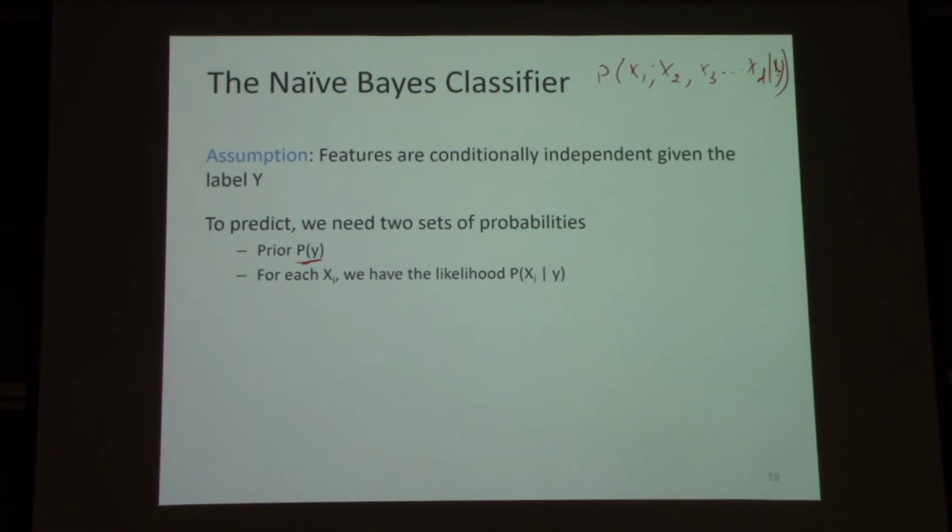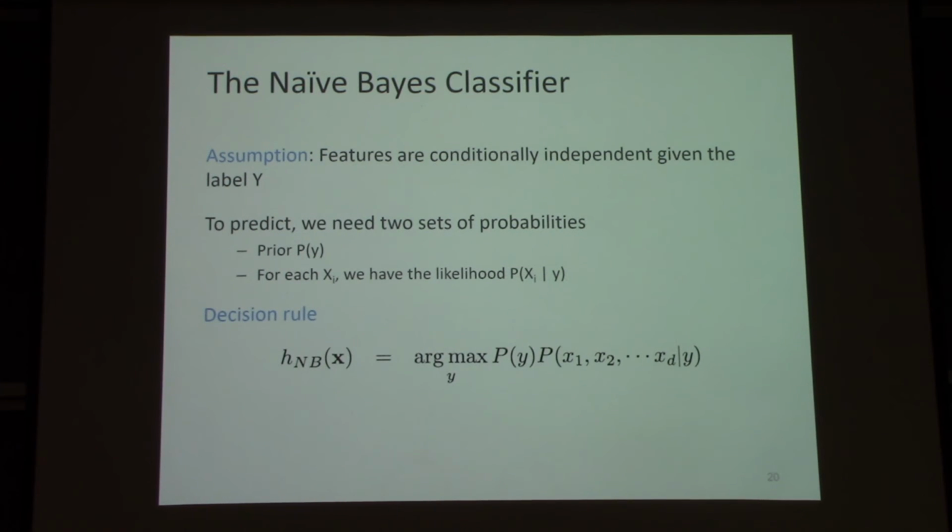But by the naive Bayes assumption, we have reduced this into the product of each feature, the probability of each feature given y. So all we need are the priors, and for every feature we need the likelihood function of that feature given the label.